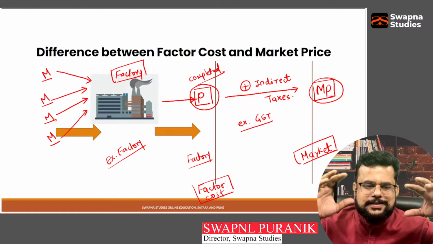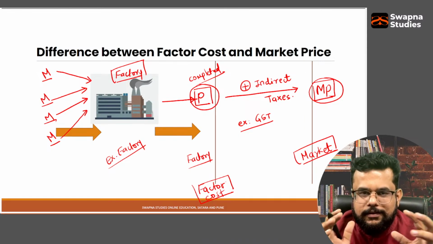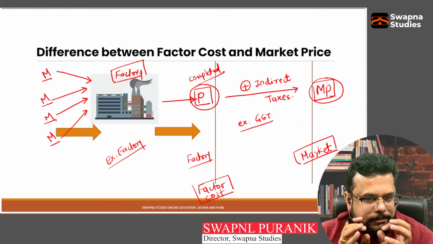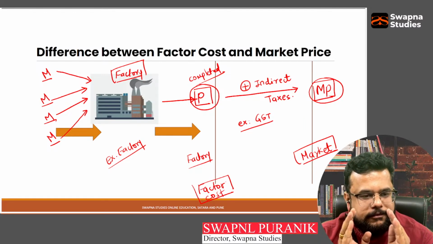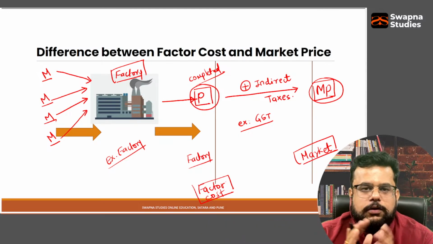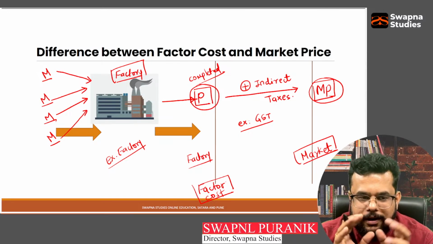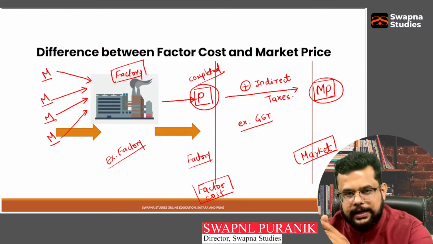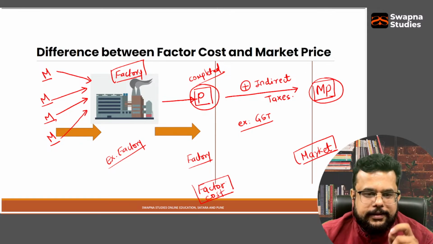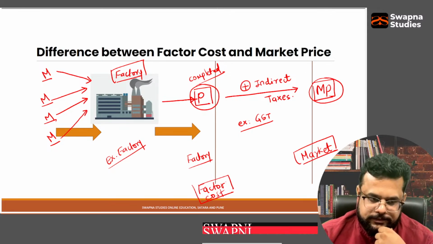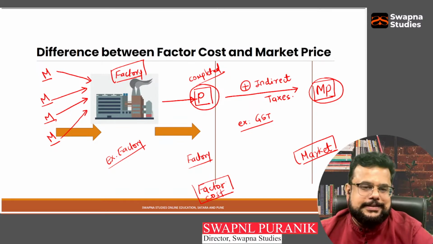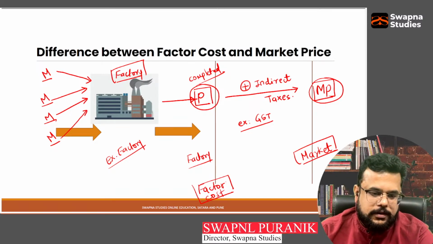So it is very simple to keep in mind. Whenever the product is complete and in the factory, we consider the factor cost of that product. And whenever the product goes to the market, to the shops, then we consider the market price, because all the indirect taxes are added in that price.